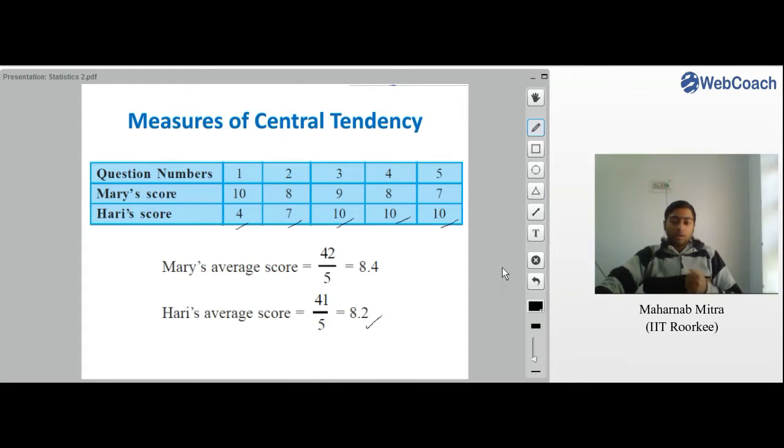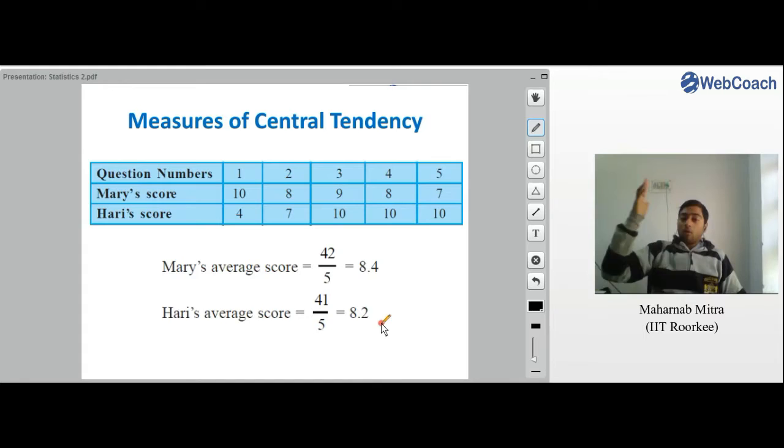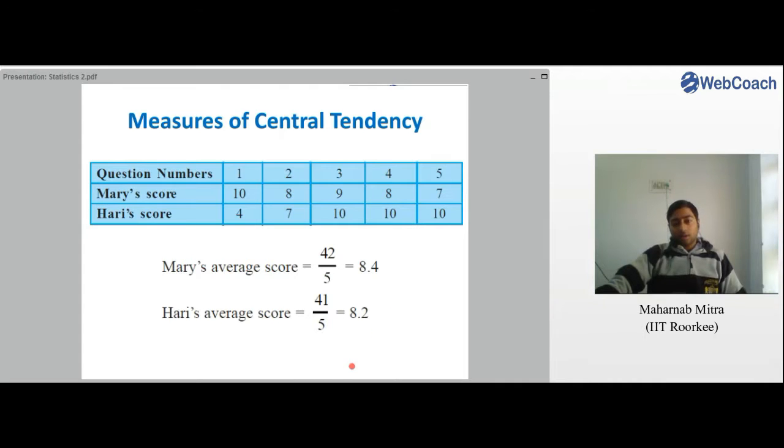So we get 8.2, right? So we have 8.4 as Mary's average score and 8.2 as Harry's average score. And now I think you have understood how to find the average. We just take the sum of all the observations and then divide it by the number of observations present.